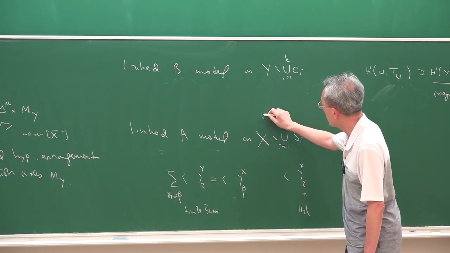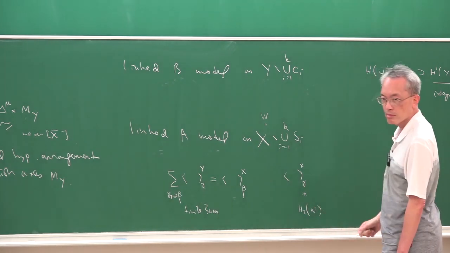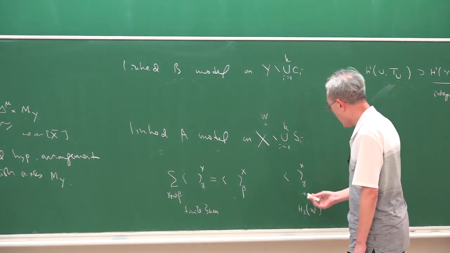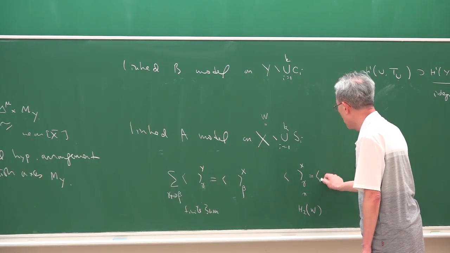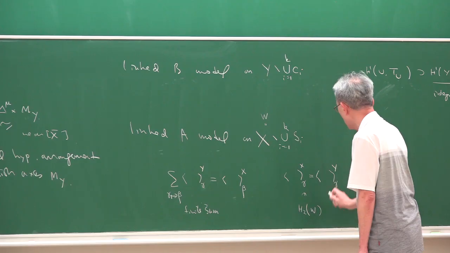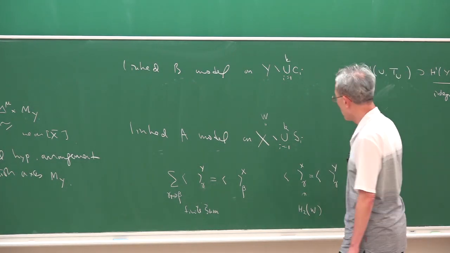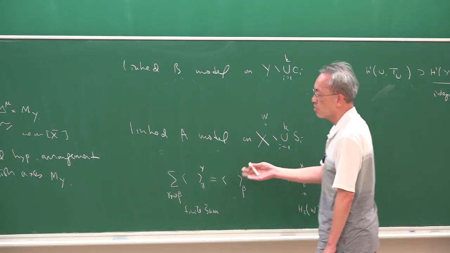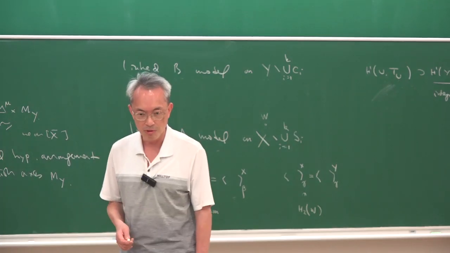I call this space W. Then I just say this is well defined. And once you define it, then the theorem just tell you these two are the same. So that's part of the construction of the link Gromov-Witten by the cycle form of a degeneration formula.